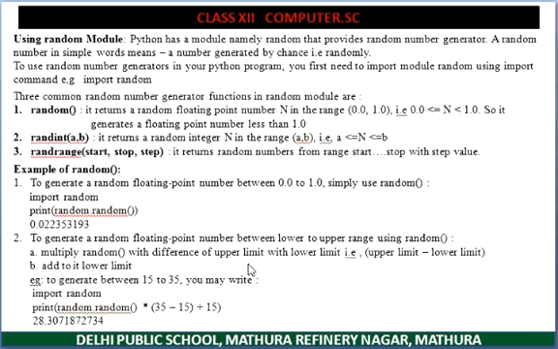Multiply the random number with the difference of upper limit minus lower limit, then add the lower limit to it. Here is the example. To generate a random number between 15 and 35, you may write import random, print random.random() * (35 - 15) + 15. So it will generate a random floating point number between 15 and 35. This is the example.